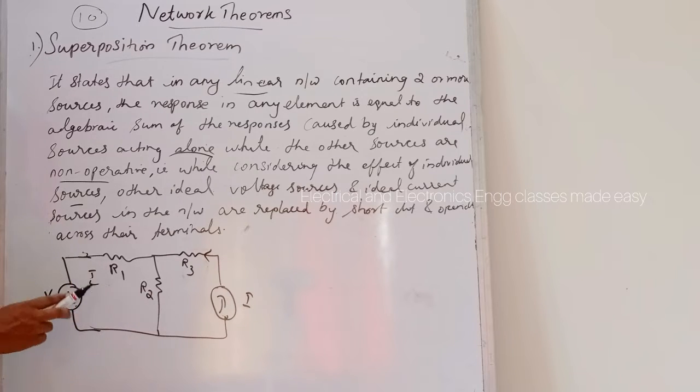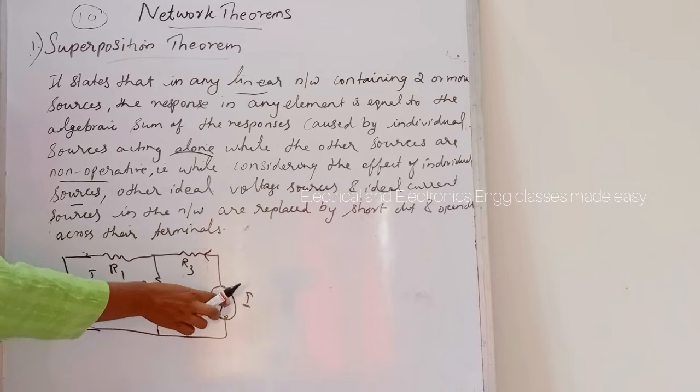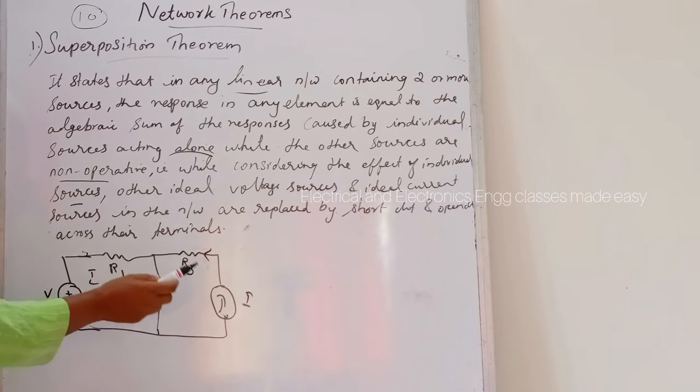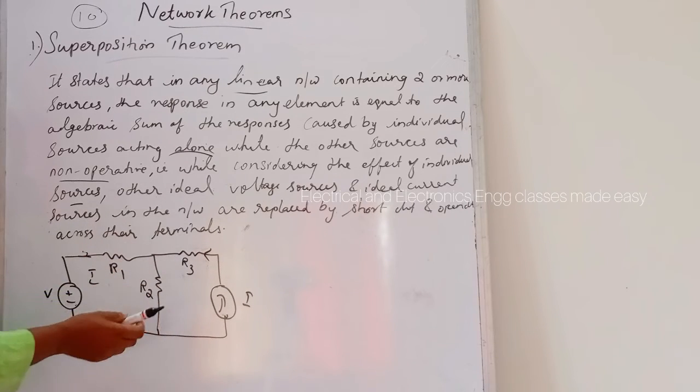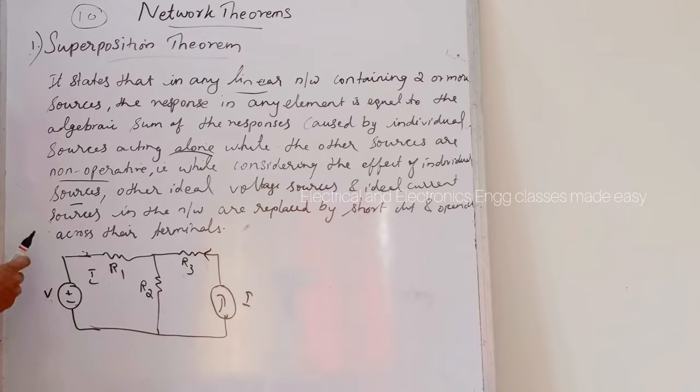That is, take only one independent source of voltage or current and deactivate the other independent voltage or current source. For the voltage sources, remove the source and short circuit.